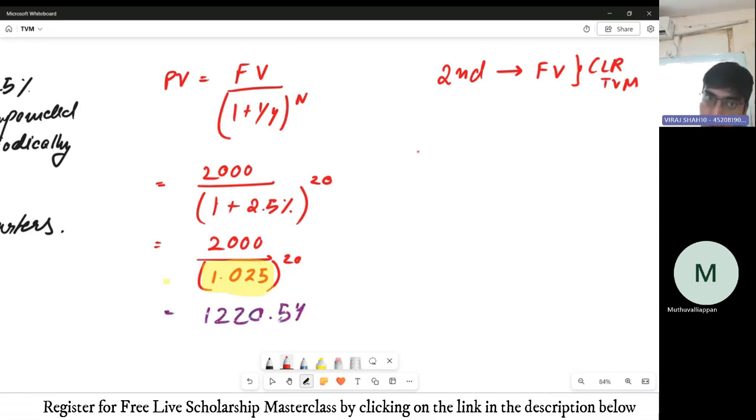Okay, now to calculate PV, we first enter FV.